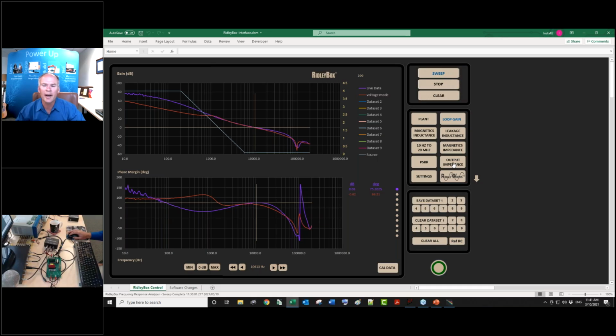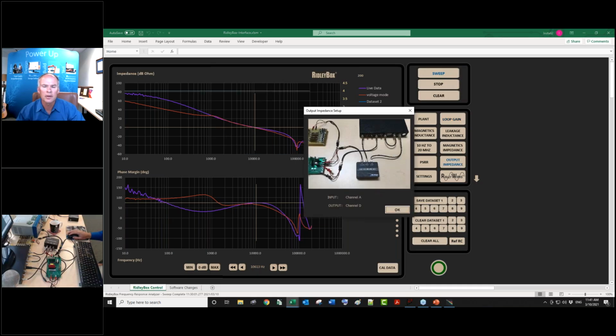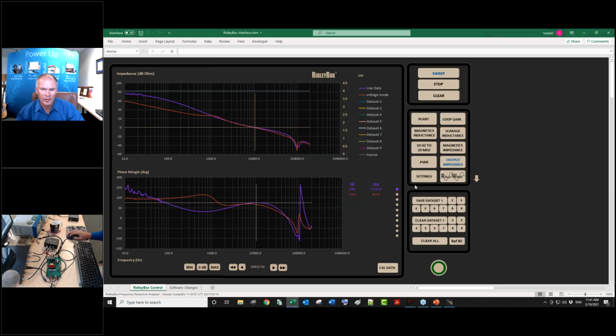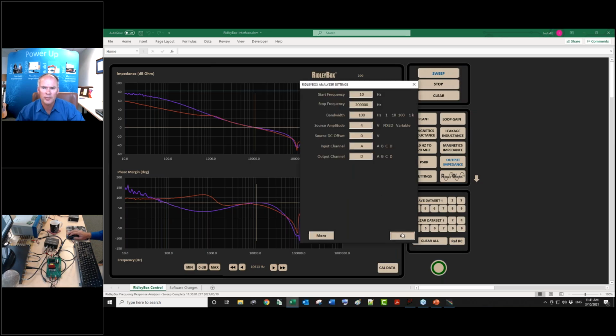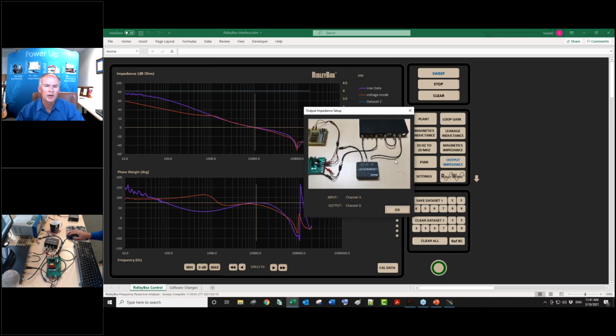So we click on output impedance. Use this setup to measure output impedance. Again, it draws you the little diagram, says hello to you. And remember, you're measuring the output impedance of the power supply, but the load has to be connected.